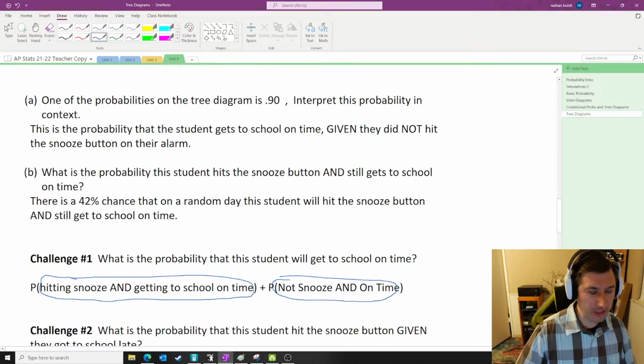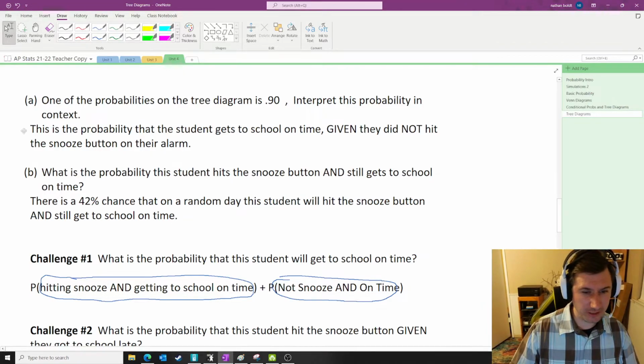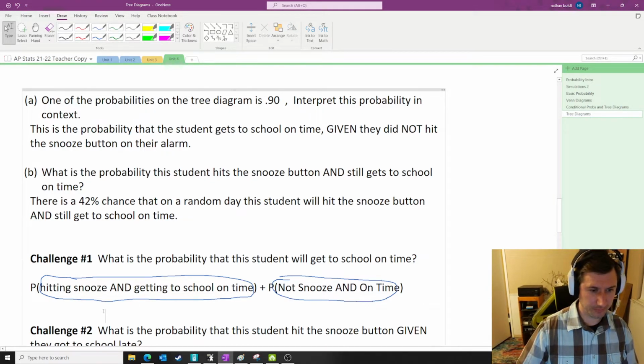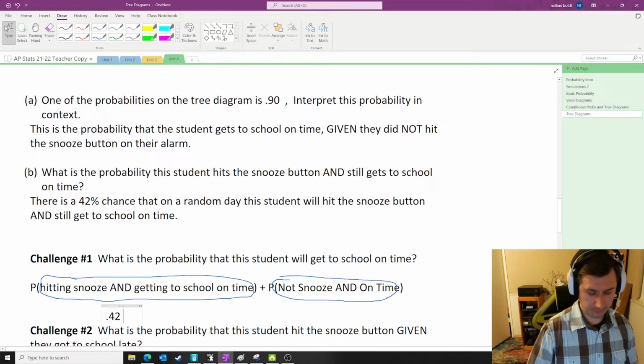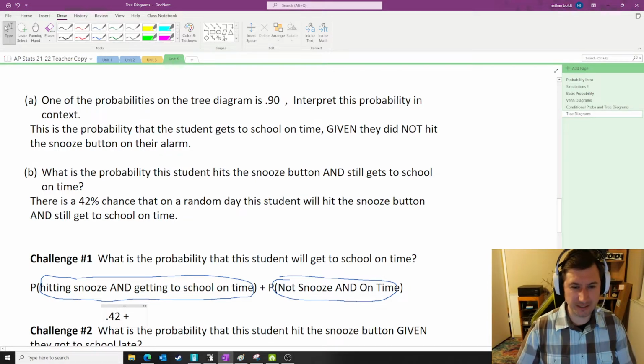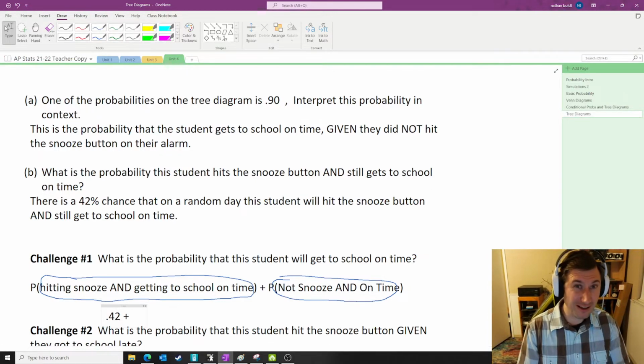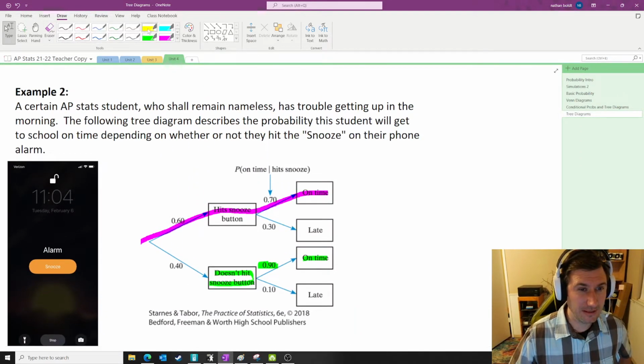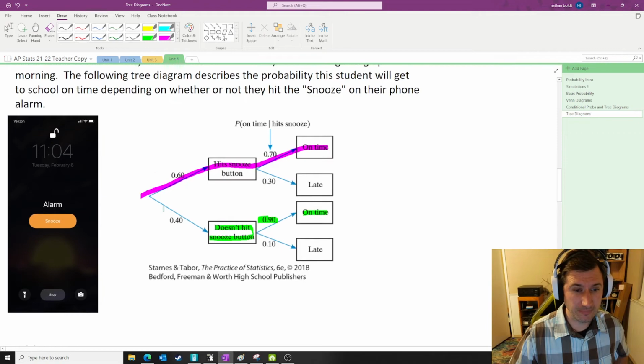So we know one of those, right? Letter B was one of them. There's a 42% chance that they will hit the snooze button. So this one is 0.42, plus, I just need the second one. What are the chances of not hitting a snooze button and still getting to school on time? That is a joint probability. So that would be this one and that one, right?